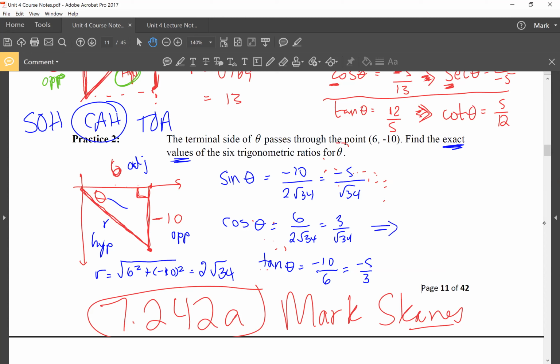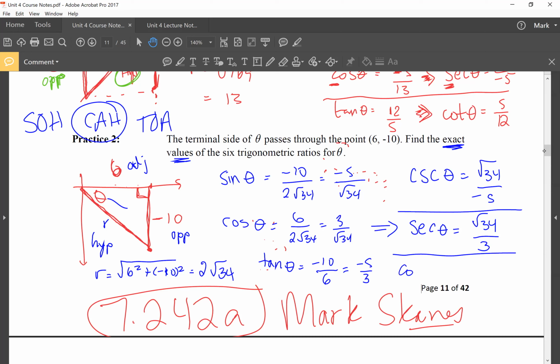Okay, now I'm going to flip them all and get the other ratios. Cosecant is the inverse of sine. I've got to make sure I'm recording. Yes, okay, good. So all I do is flip sine and I'll get my answer. Secant is the inverse of cosine, so I flip that one and I get that answer.